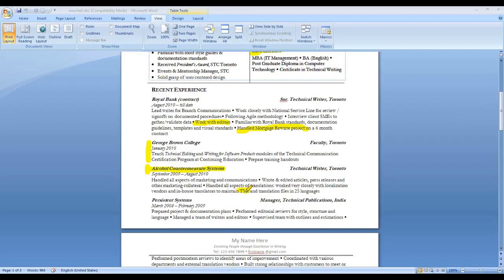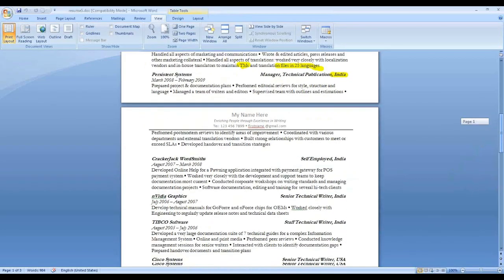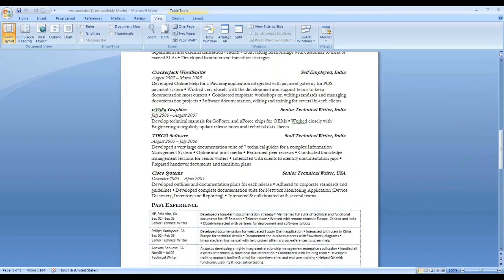Acronyms, spelling out first instances. Translation files in 25 languages. That's excellent, and that's exactly the kind of stuff that I'm looking for. Careful about including other countries on the resume, because you don't need to. That's the thing. There's no resume rule anywhere that says you need to put the country where you got the experience.